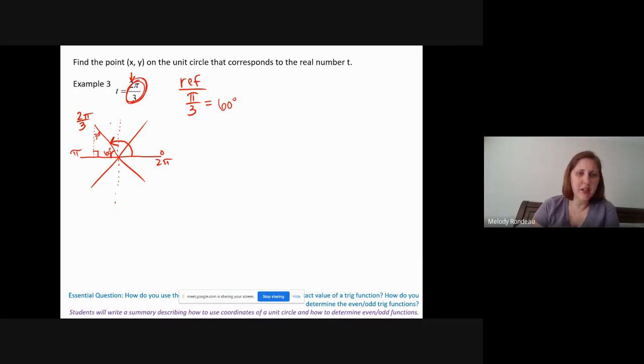Since we're talking unit circle, that's telling me that my hypotenuse is 1. Papa Bear is twice as big as Baby Bear. So if Papa Bear is 1, then Baby Bear would have to be 1/2. And remember, Baby Bear is the short leg, across from the 30-degree angle.